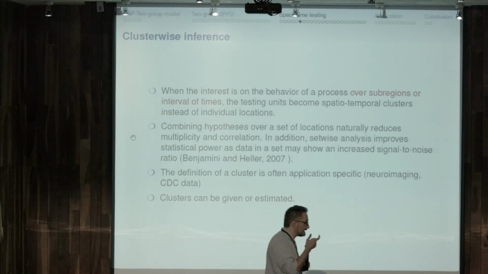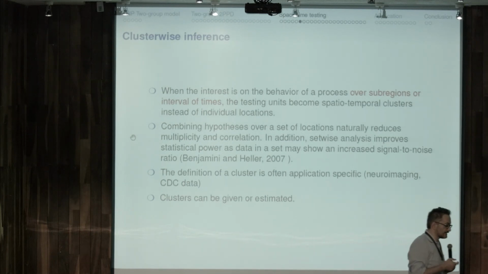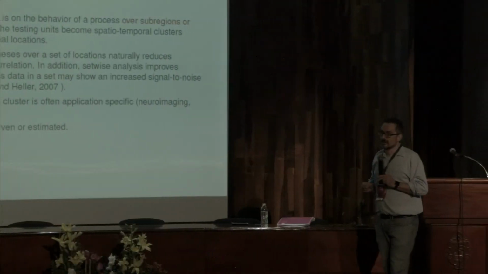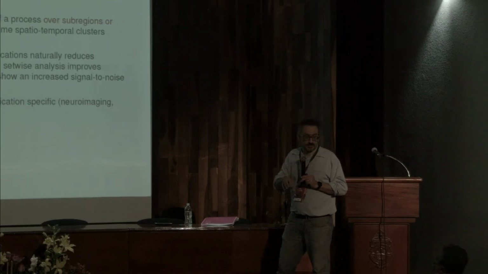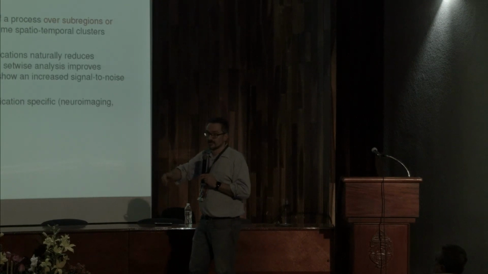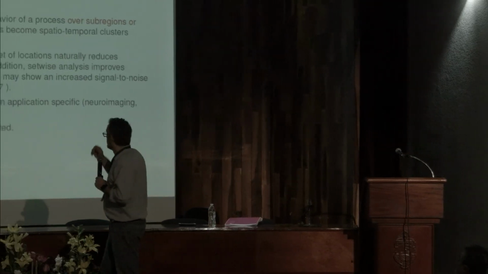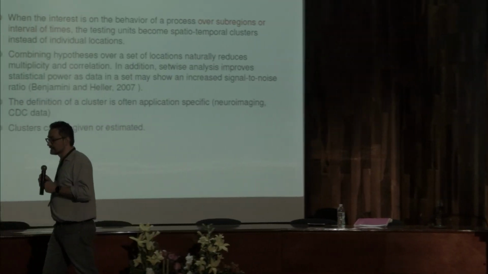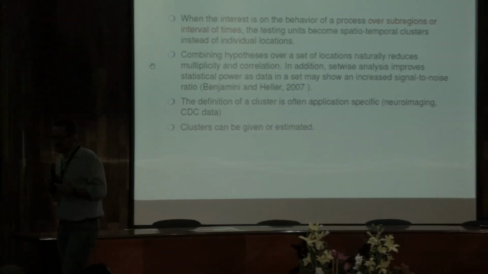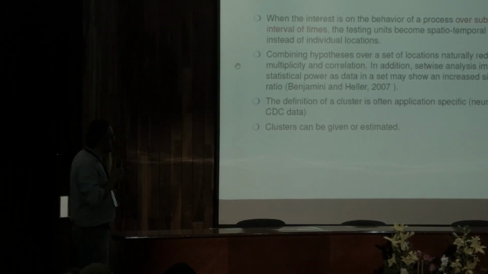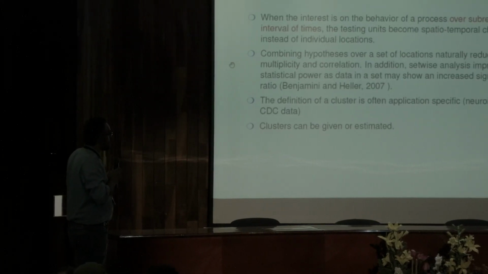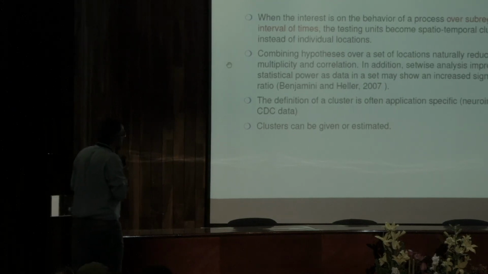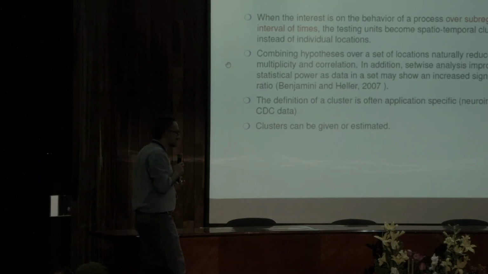So one may be interested in assessing the ability to find clusters of observations and clusters of time points that are in outbreak. And the cluster-wise inference usually allows us to obtain a more powerful procedure because you can take into account the correlation over time and space.